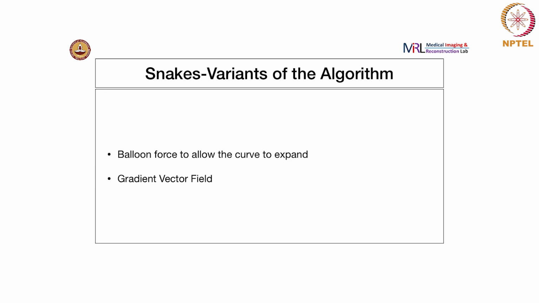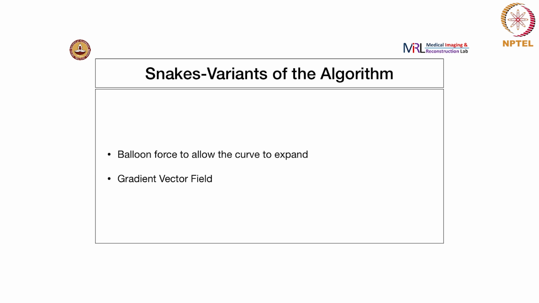Okay, the gradient vector field. Also remember, sometimes an image is pretty smooth, contains maybe one or two objects, but away from the objects there is no strong gradient. So if you initialize slightly further away from the boundaries of the object, your curve will never converge. It will just keep moving very slowly. Of course, if you continue time stepping for thousands of time steps, then maybe it will converge, but that's very slow and not practical.